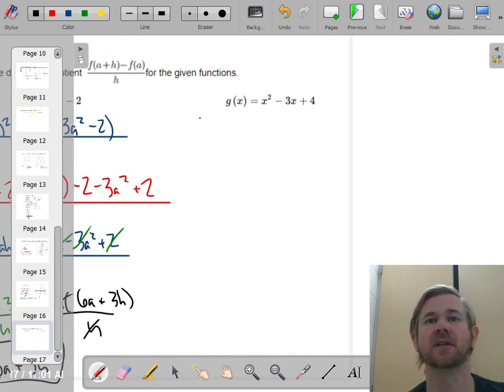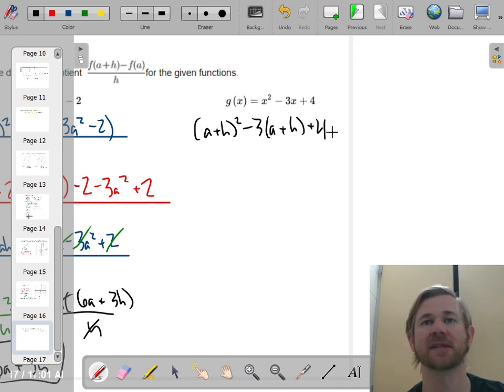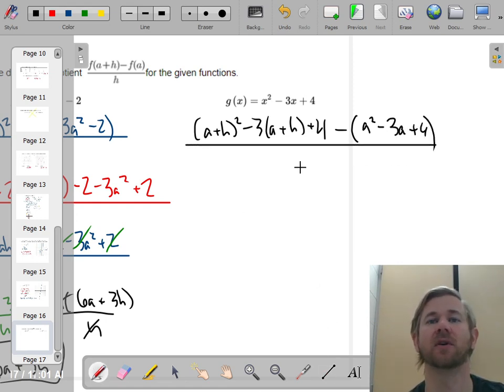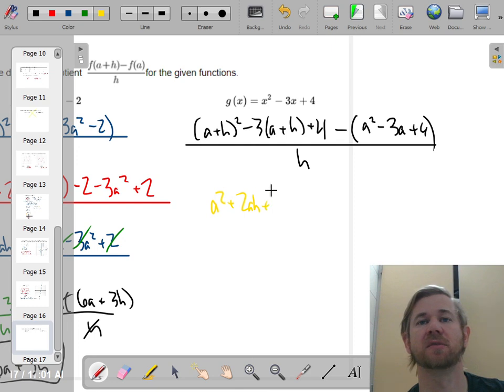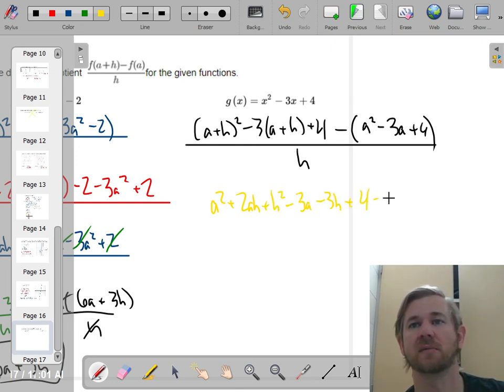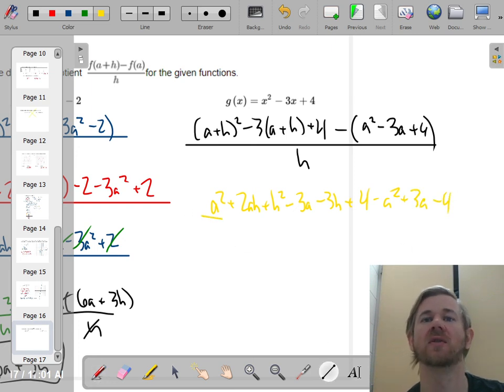Let's do another one, and then we'll be done. So the difference quotient: a plus h squared minus 3 times a plus h plus 4. There's f of a plus h minus f of a, which is a squared minus 3a plus 4, all over h. FOIL, a squared plus 2ah plus h squared, and distribute, minus 3a minus 3h plus 4 minus a squared plus 3a minus 4, all over h.